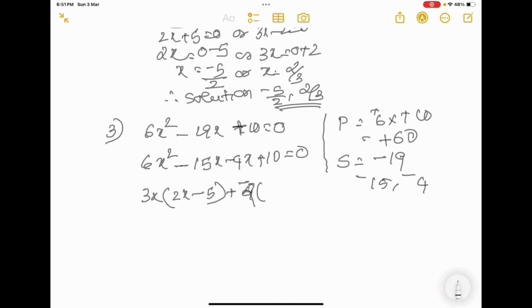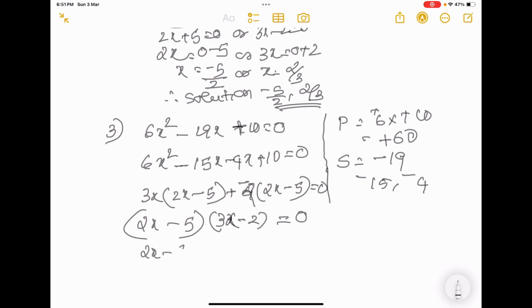There is no 4 in 10, we can take 2 from 10. So negative 2 into (2x minus 5) equal to 0. That is, common (2x minus 5). Again you take it outside, into (3x plus negative 2), becomes (3x minus 2) equal to 0.